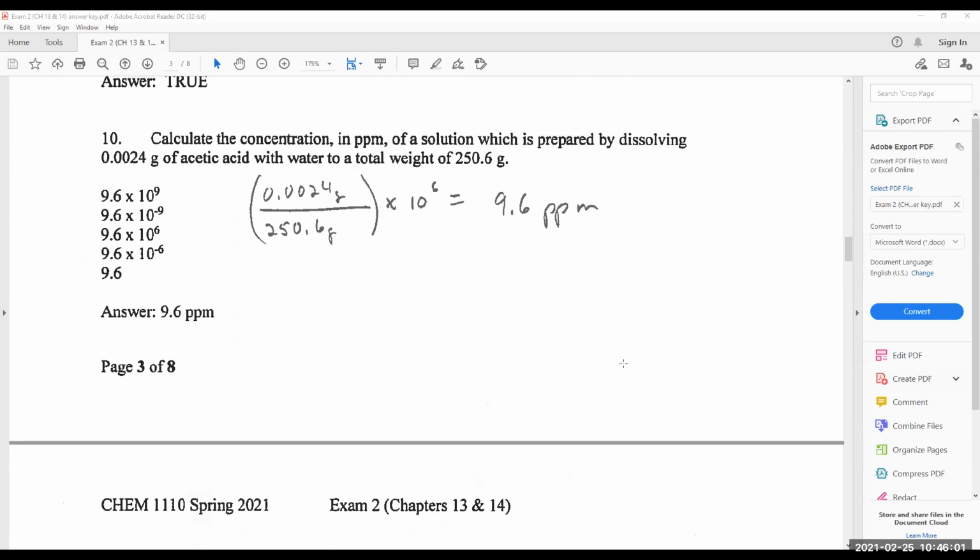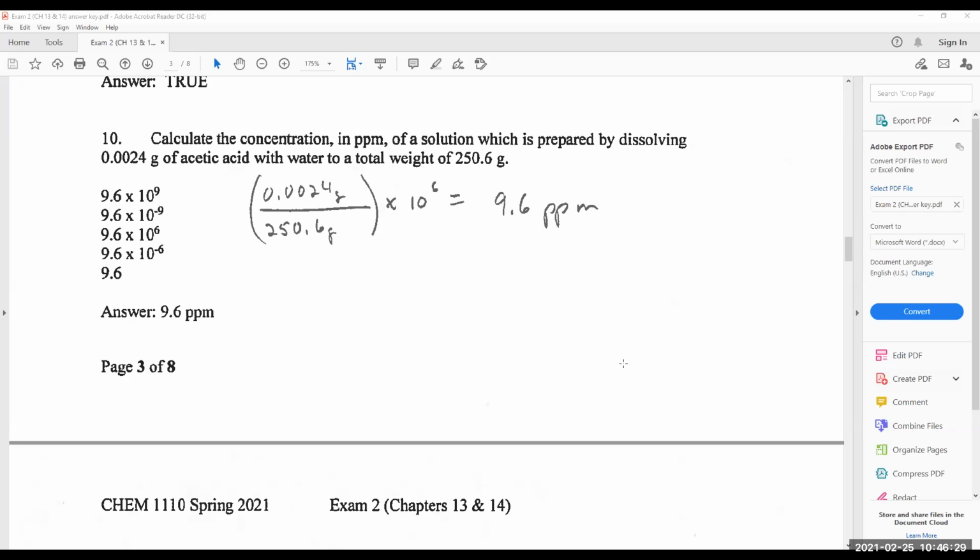So whether you're looking for weight percent or ppm or ppb, it's a similar approach. You want to have grams of solute divided by the total grams, and then you're going to multiply it by a factor depending upon which of those you want. If it's weight percent, it's times 100. If it's ppm, it's times 10 to the 6th. If it's ppb, it's 10 to the 9th.